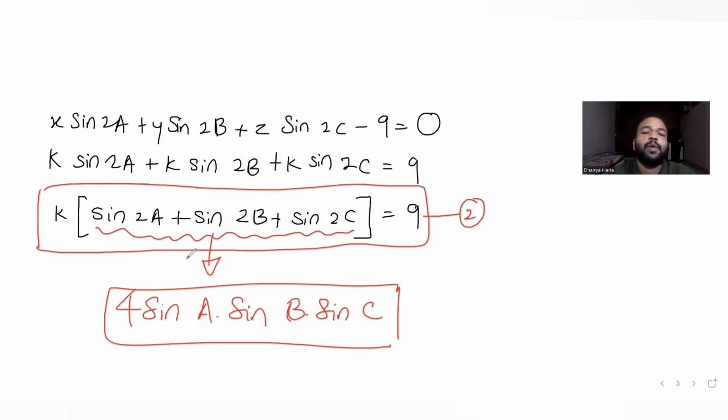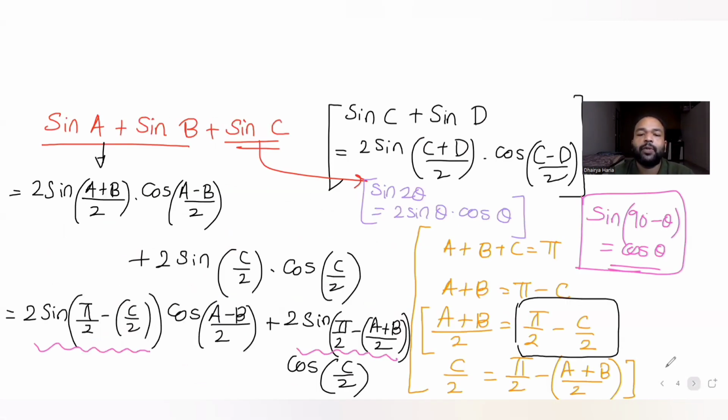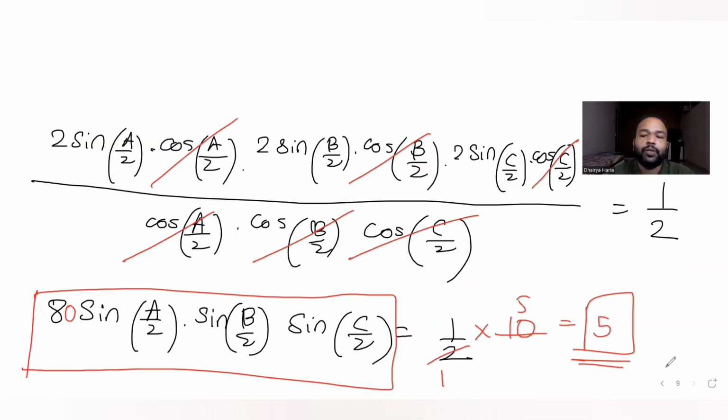And we also needed to simplify sine 2A plus sine 2B plus sine 2C as this. Further, when we simplified these ideas, we just took the ratio of them, manipulated them, turning them into 80 times this product of the sine ratios. That makes our answer as 5, and that matches with option C. I hope you have understood how to solve this type of questions.